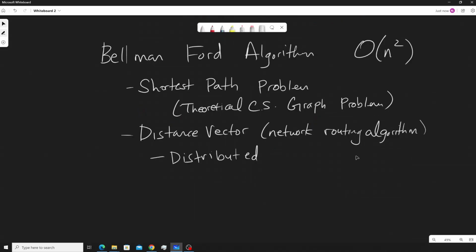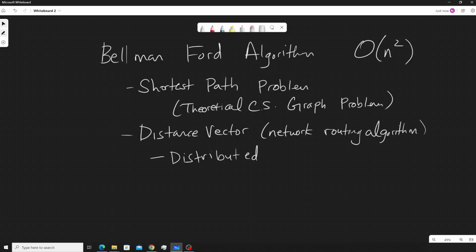So this n squared doesn't look that bad when you consider that you are only paying this value in the background. In order to actually forward the messages, it costs you a constant amount of time.